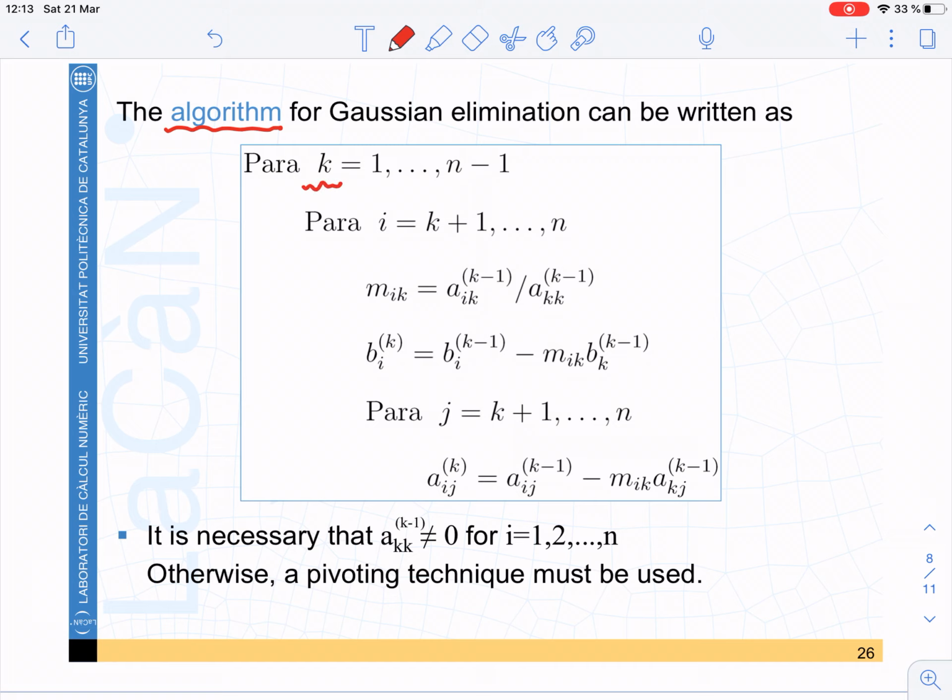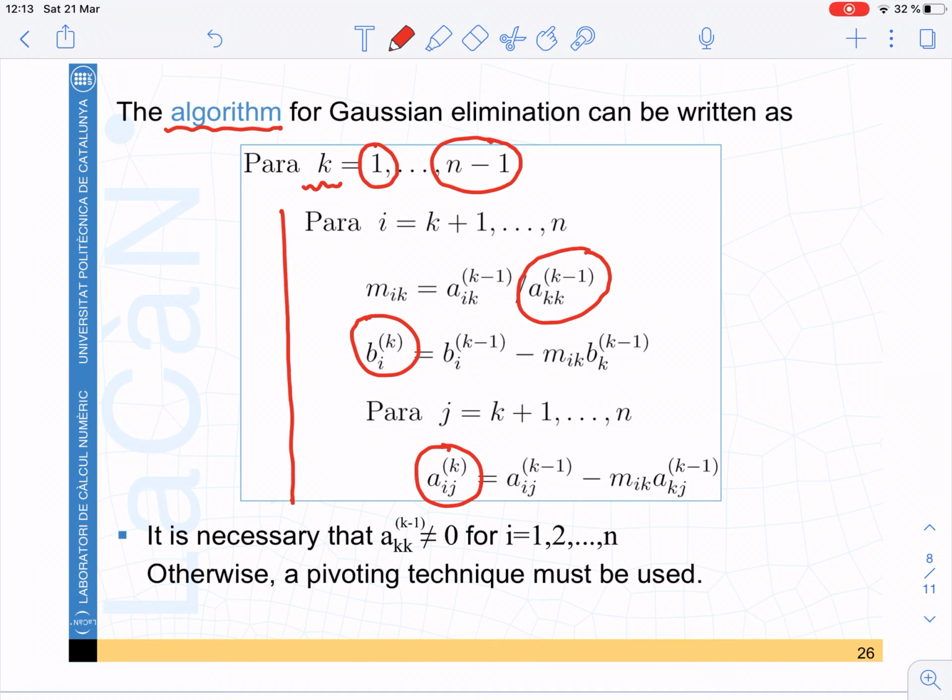For all columns k starting from column 1 and down to column n-1, we need to perform these row operations affecting both the right-hand side vector b and matrix A. Note that for this to work, we need the pivot A_kk^(k-1) to be different from 0. If not, we need to use a pivoting technique. That is, we need to swap rows.